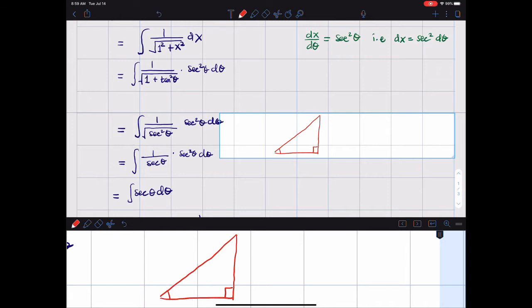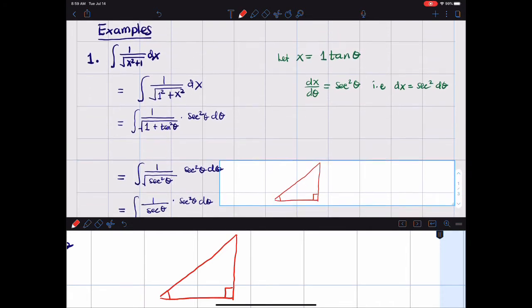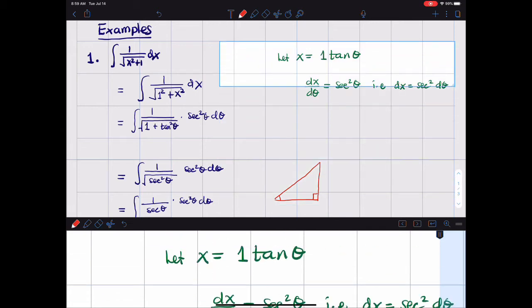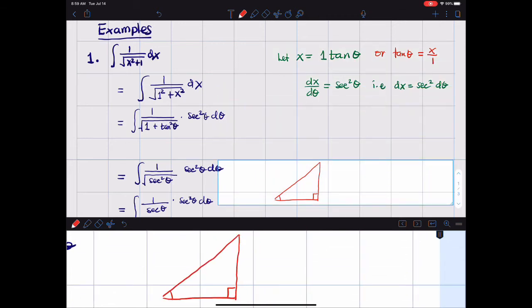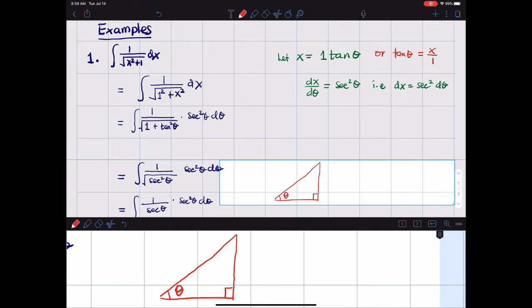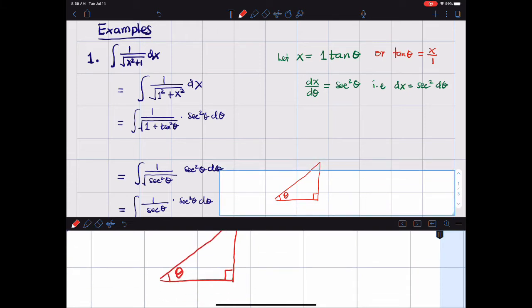Okay. So you have x is 1 tangent theta. So that means that tangent of theta is equal to x over 1. If theta is here, tangent is opposite over adjacent, so this is x over 1.